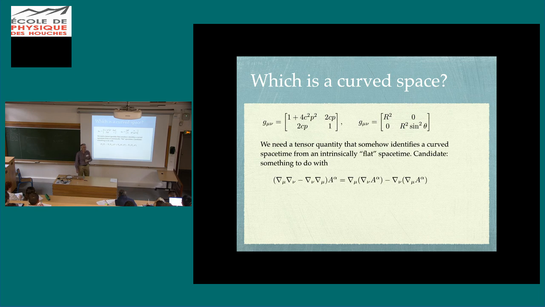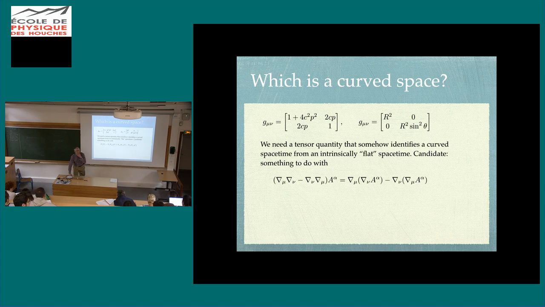And remember the flatness theorem that I showed last time? In a general curved spacetime, I cannot set all the second derivatives of the metric equal to 0. So since this will involve second derivatives of the metric, it might well indicate that this will be non-zero in a curved spacetime, where it's going to definitely be 0 in a globally flat spacetime.